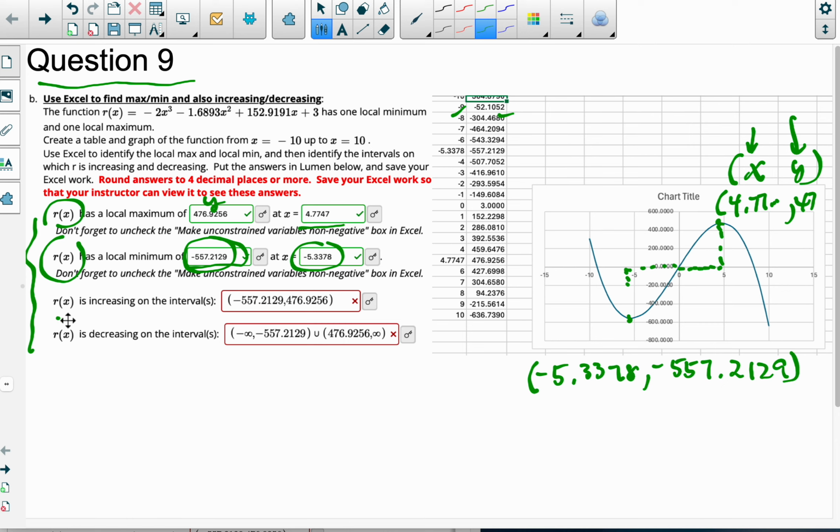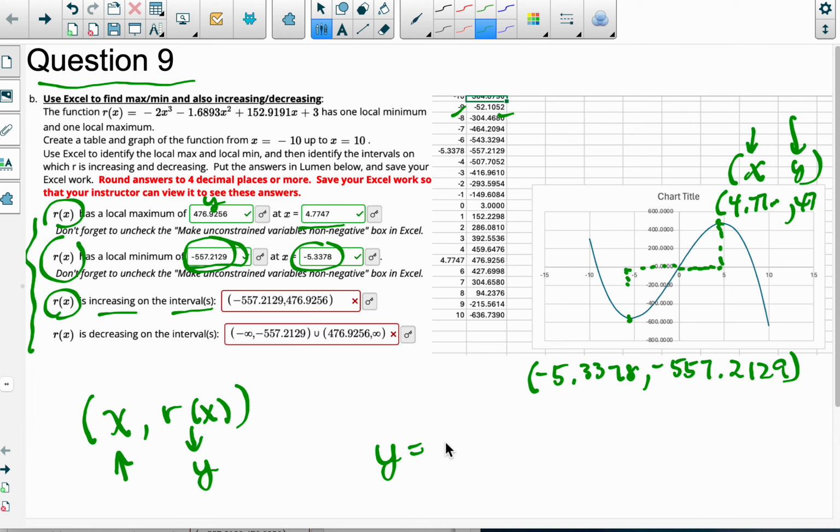So down here it says r of x is increasing on what interval? So another way I can say this is I input x, I output r of x. I input x, this is another way of saying my output is y. I can always say that y equals whatever my function is.